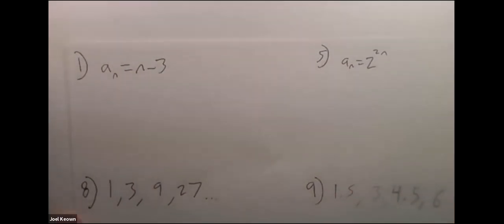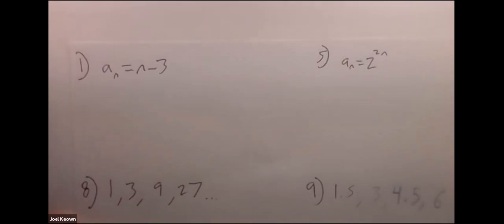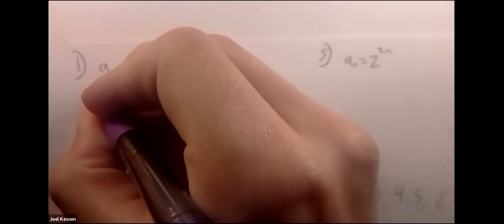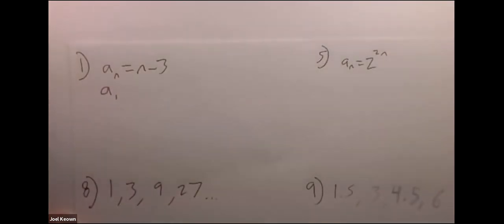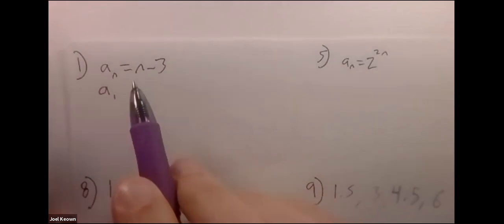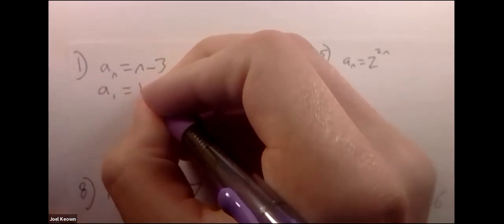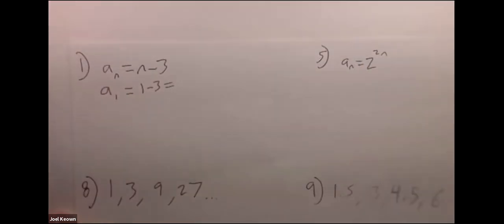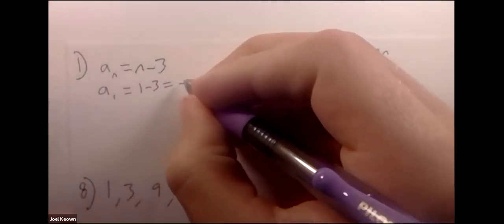All right, so number 1 says we're finding the first 5 terms. N is the term number, okay? So the first term is going to be a sub 1. That means first term. And all I do is take 1, plug it into N. 1 minus 3 is negative 2.